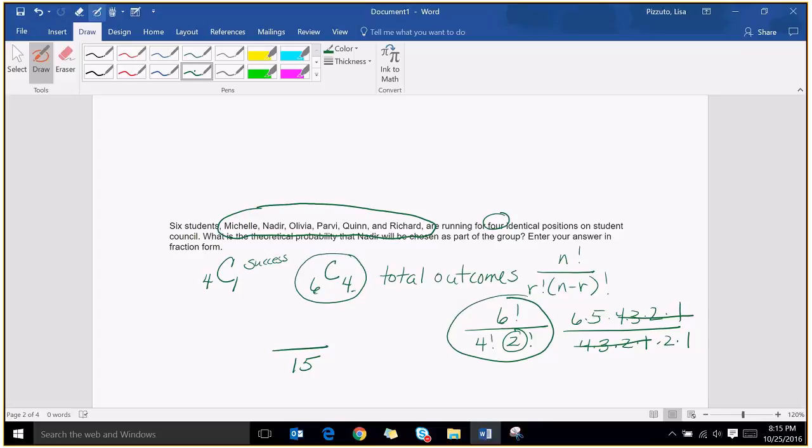And then of the 4 people, we want one of them to be Nadar, right? So that would be 4 factorial over 1 factorial 3 factorial. When you include both r and n minus r, it's a combination.